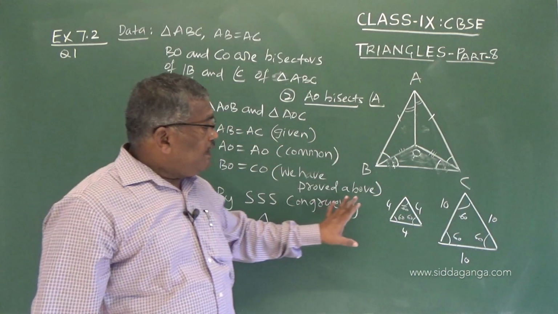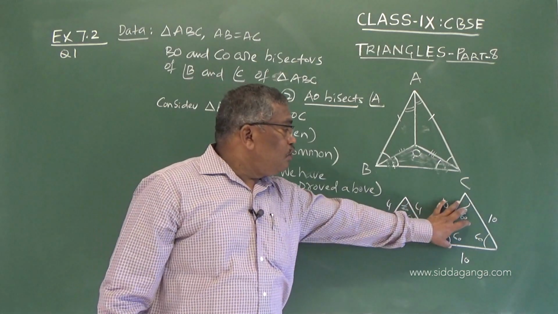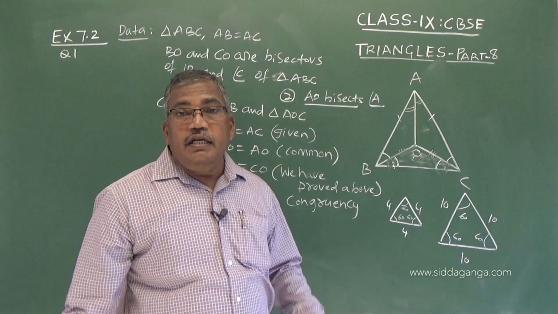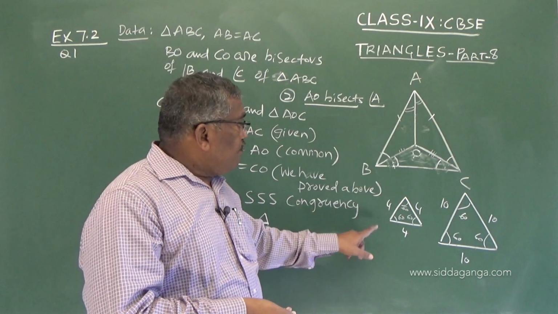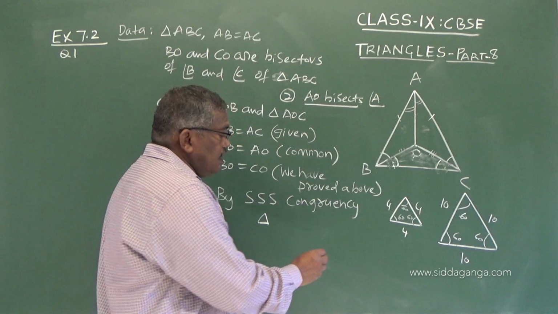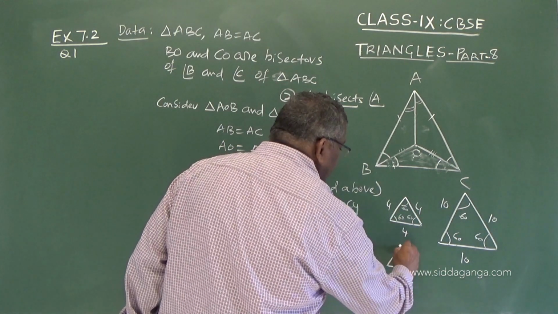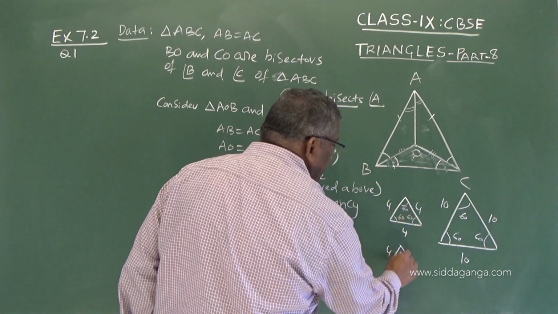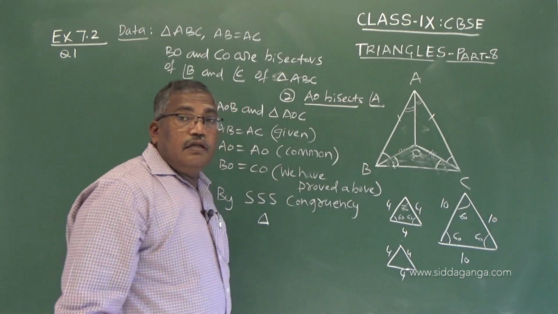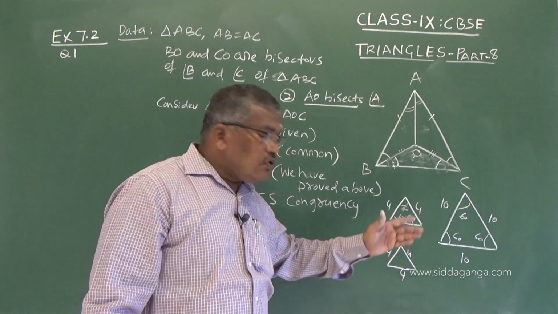Now, when we have all three angles equal in two triangles, then we can say they are similar. But when the three sides of one triangle are equal to the three sides of the other triangle, let us say 4 centimeter, these two are congruent. So here angles are equal, sides are also equal.